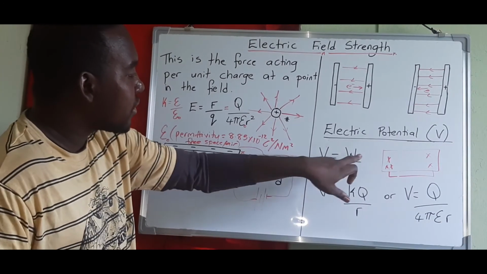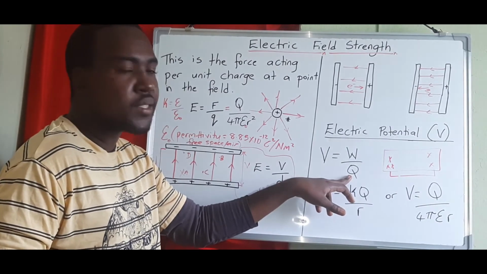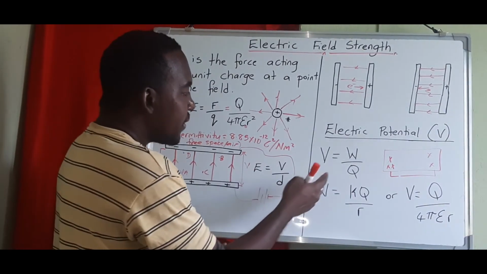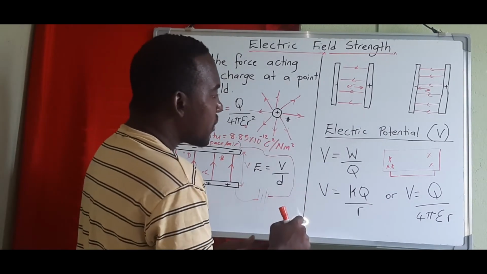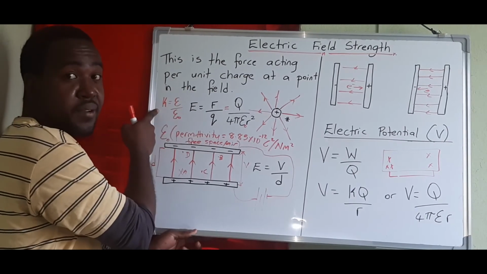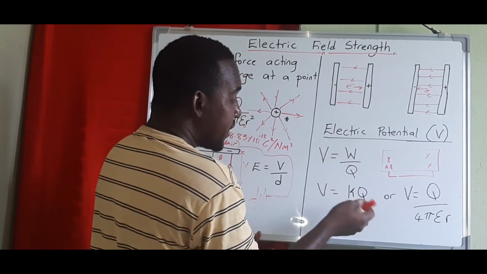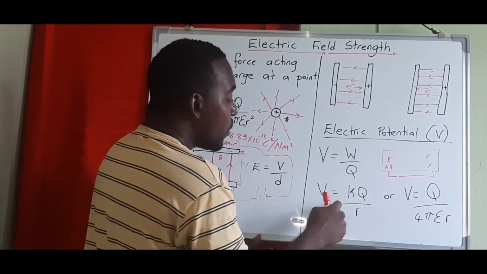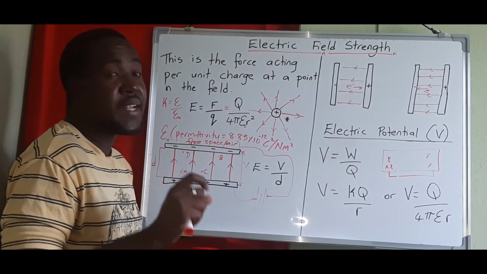So electric potential is the work over the quantity of charge. Or if it's for just one single charge, then the electric potential is kQ over R, where k is the constant right here, Q is the quantity of the charge, and R represents the radius of that charge.